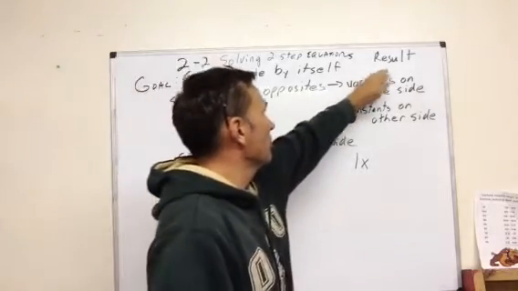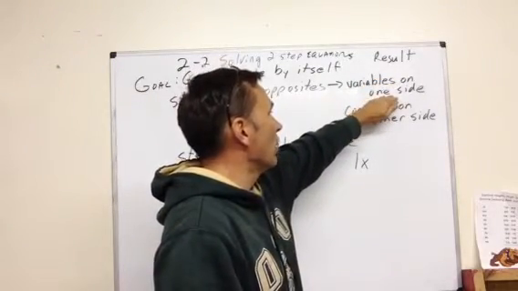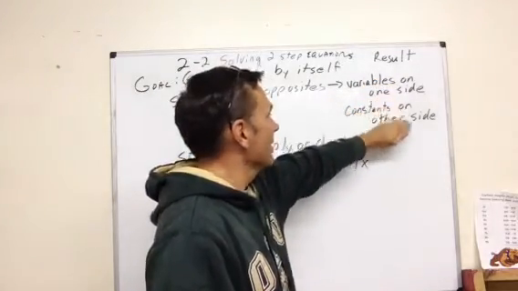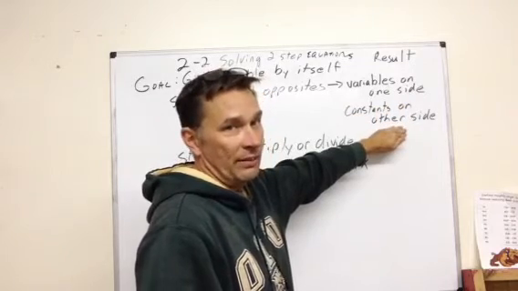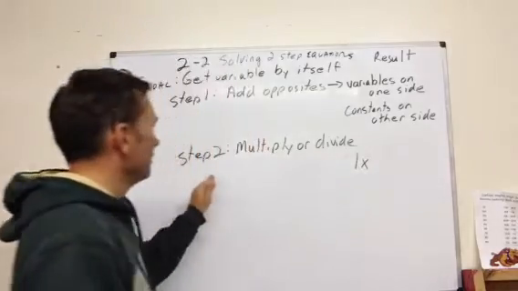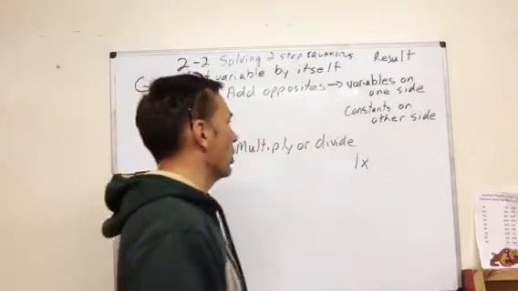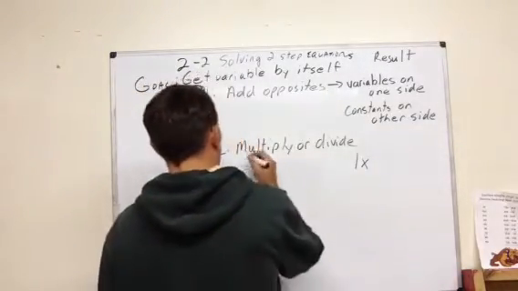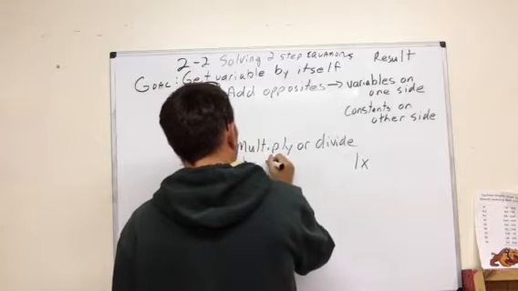Our goal or our result, we want to get variables on one side of the equal sign and our constants on the other side of the equal sign. Right? And then step 2, we want to multiply or divide by the coefficient.